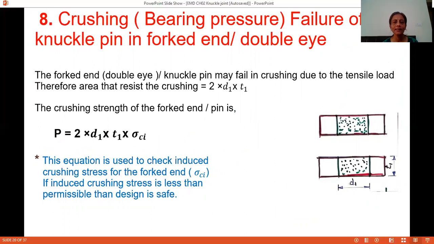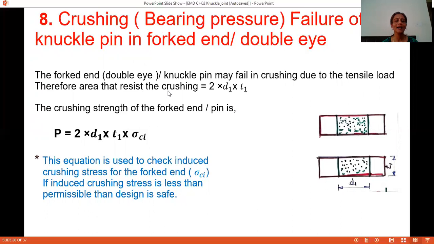Now in the eighth step, we will check the double eye for bearing pressure or crushing failure of knuckle pin in double eye. You can see there will be a localized compressive stress at the contact surface with projected area for two eyes.